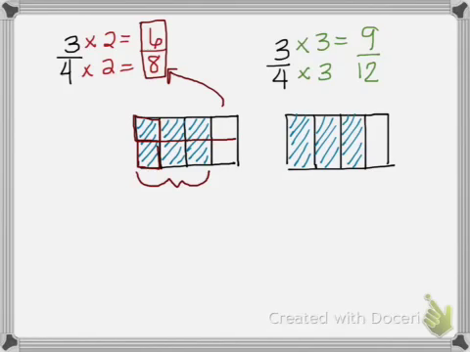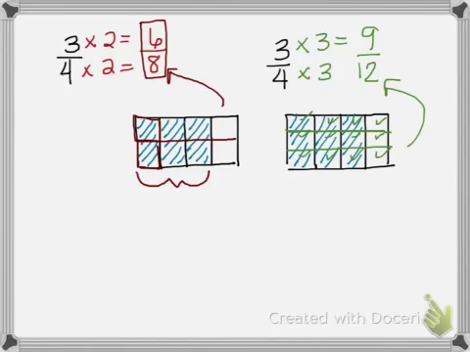And this time when we multiplied it by 3, what we were doing is dividing the entire section, or our entire fraction, into 3 parts. So now you can see that I have a total of 1, 2, 3, 4, 5, 6, 7, 8, 9, 10, 11, 12. I have 12 pieces, and 9 of those are shaded.